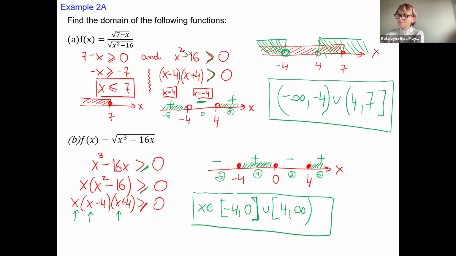But for the earlier one, 4 and -4, I cannot accept them. 4 squared minus 16 is 0, and square root of 0 is 0, which would put 0 in the denominator, and we're not allowed to have 0. Okay, makes sense? Yes, okay.